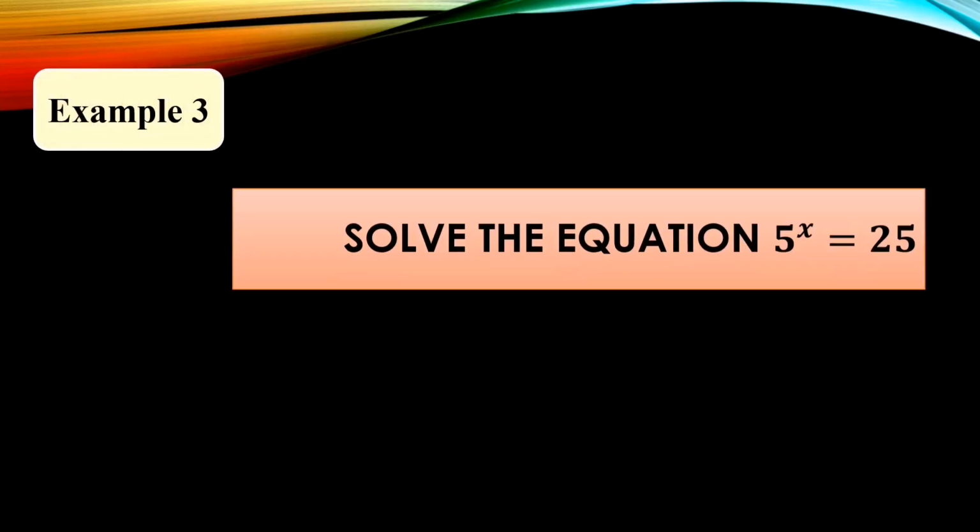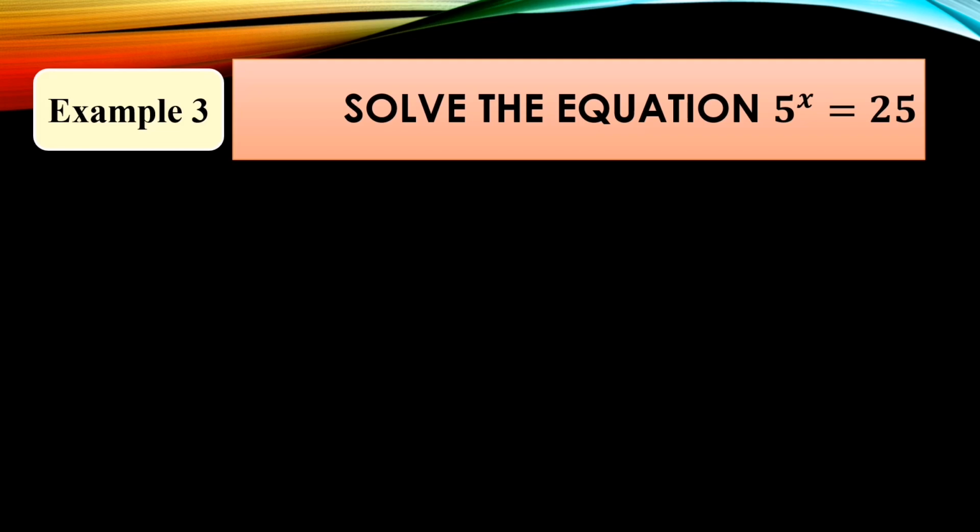Example number 3. Solve the equation 5 raised to x is equal to 25. Again, the bases are not the same. So we're looking for the common base. The common base between 5 and 25 is 5. 5 raised to x is equal to 5 raised to 2, because 5 times 5 is 25.